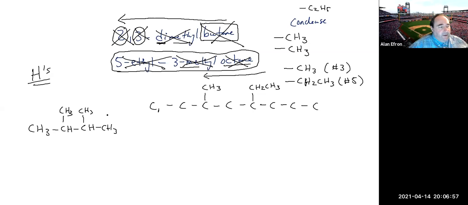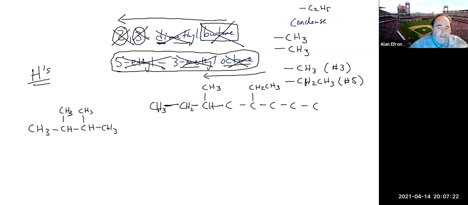Again, the goal here is to get carbon to 4. So you can basically count the lines coming into the carbon. Coming into the guy at the end is only 1 line, which means he needs 3 hydrogens. The guy next to him has 2 lines, which means he needs 2 hydrogens. The guy next to him actually has 3 lines coming in, so to get him to 4, he only needs 1 hydrogen.